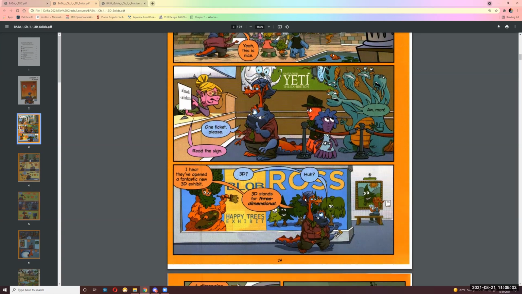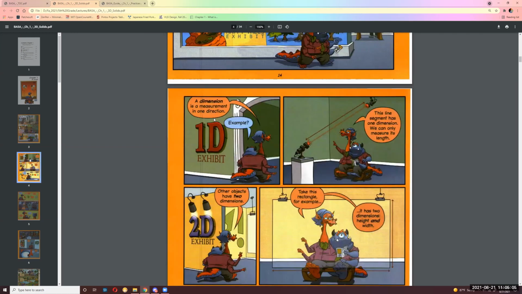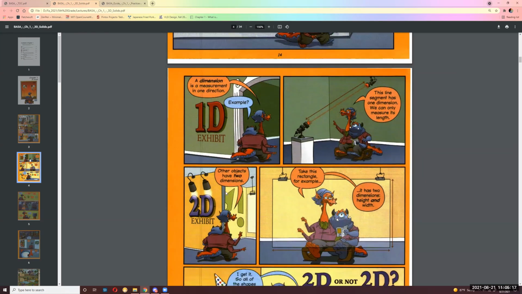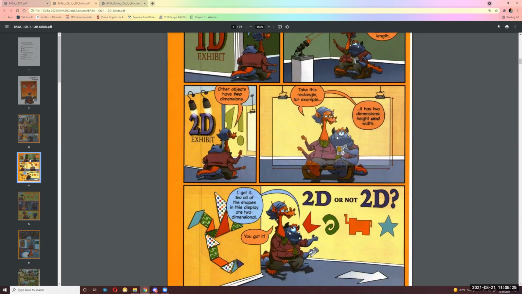Huh? A dimension is a measurement in one direction. Example? This line segment has 1 dimension. We can only measure its length. Other objects have 2 dimensions. Take this rectangle for an example. It has 2 dimensions, height and width. I get it. So all of the shapes in this display are 2-dimensional.